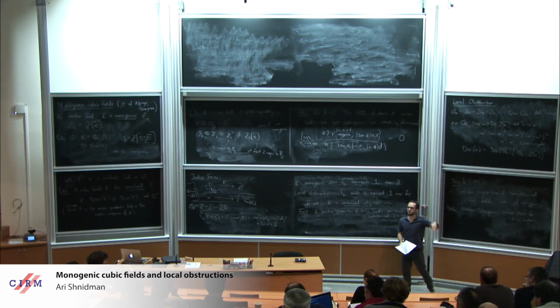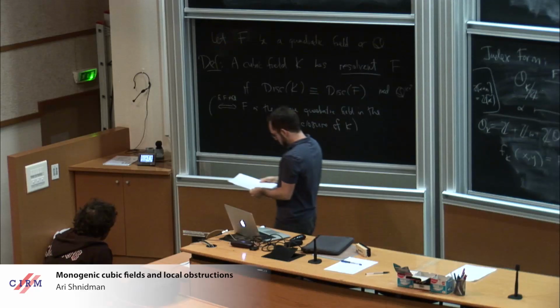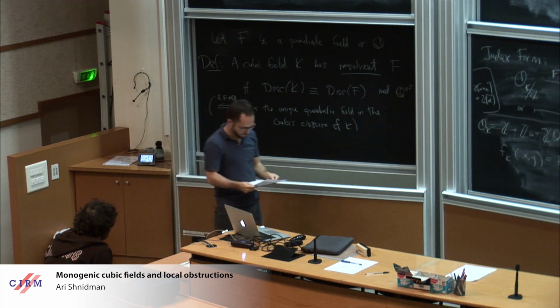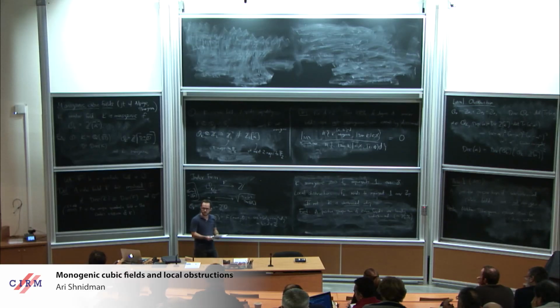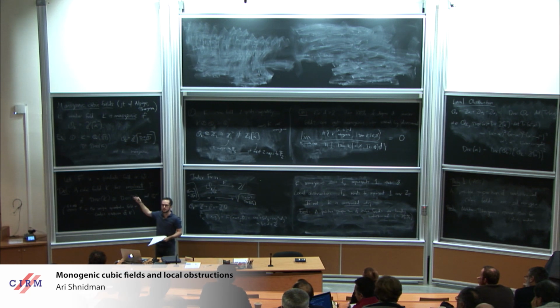Those roots all live in the Galois closure. You square it, you get the discriminant. Okay, and so what we'll do is we'll now look at families where you fix F, and you look at all cubic fields with quadratic resolvent F.